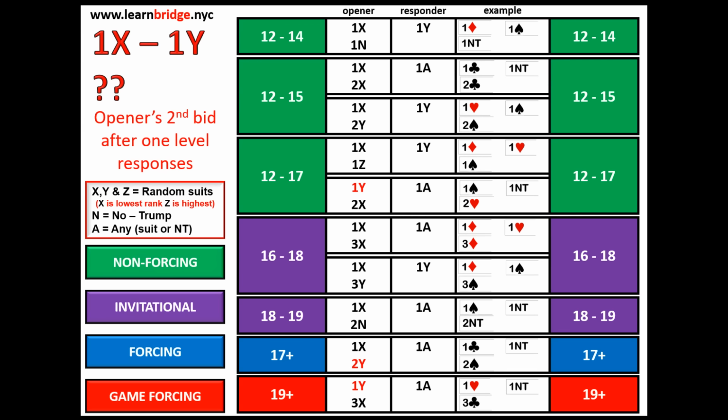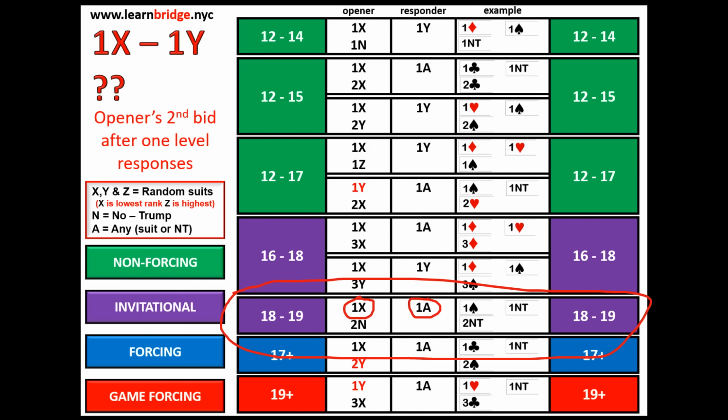And everybody knows the next one. And some of you might be surprised that this is in the invitational category. The next category here is 18-19, and it's 18-19 balanced. This is not technically forcing, even though it's rarely passed, but it is a bid that can be passed. So here's the auction: one of a suit, one of anything, including one no trump, by the way.